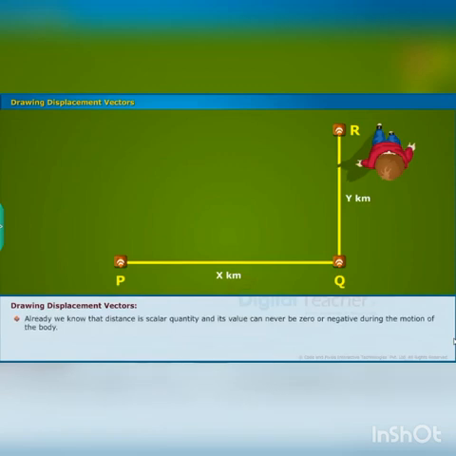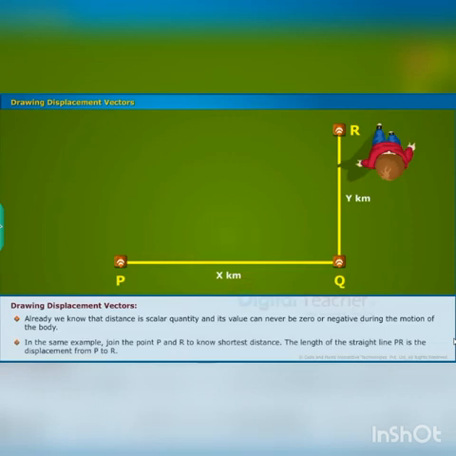Already we know that distance is a scalar quantity and its value can never be zero or negative during the motion of the body. In the same example, join the points P and R to know the shortest distance.